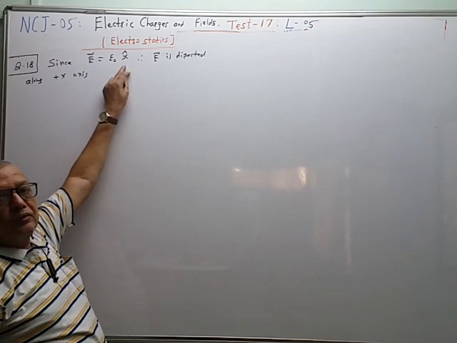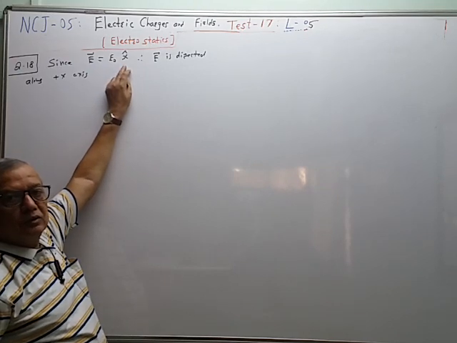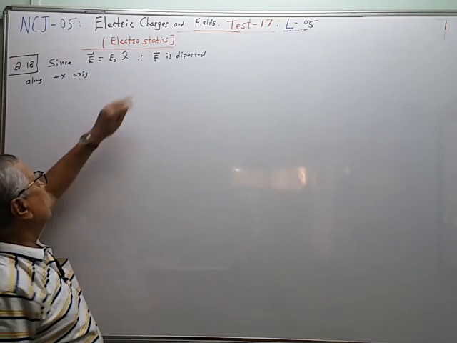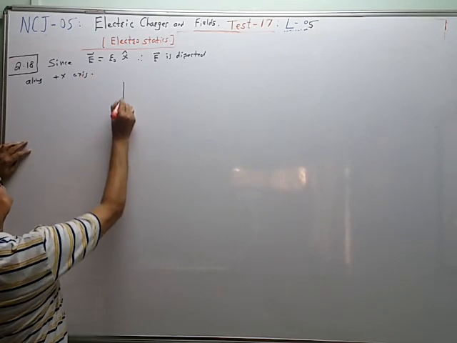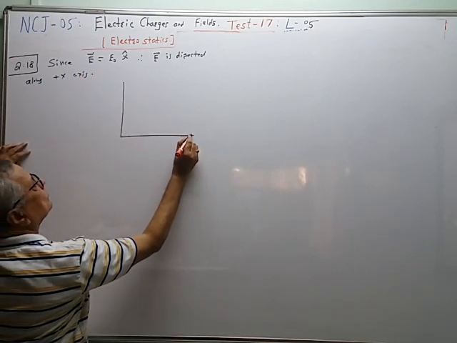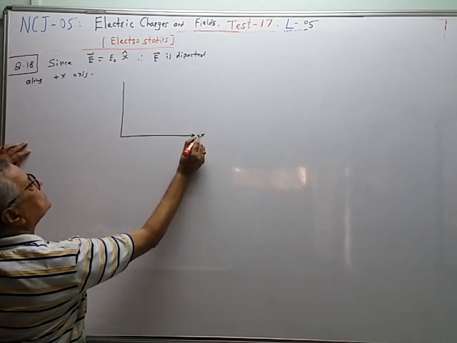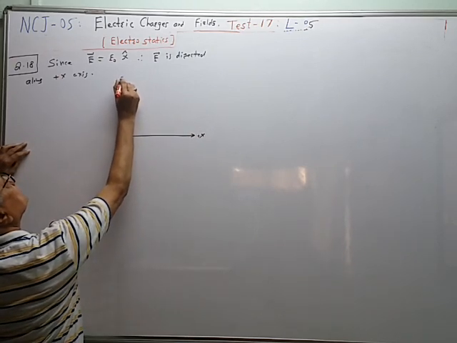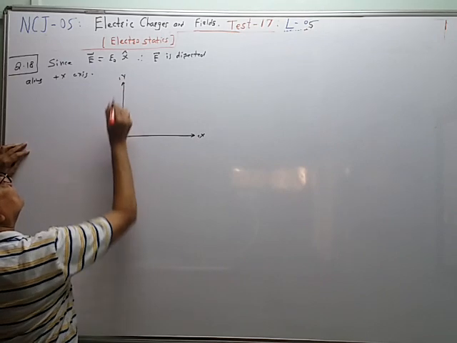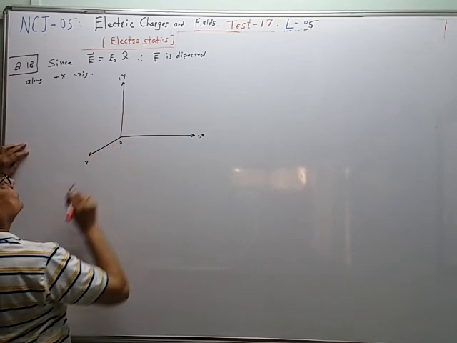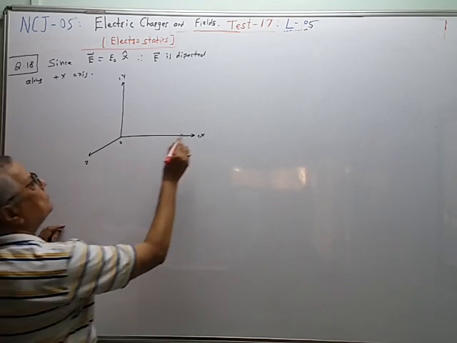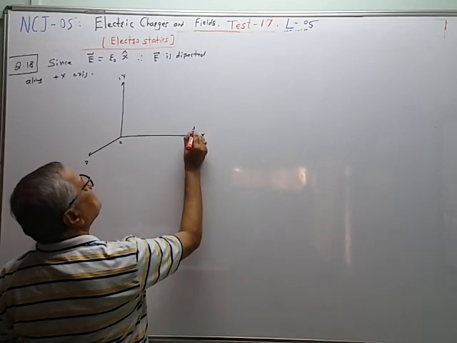They actually have unit vector i, E0 times i. So, if this is the x-axis, this is the y-axis, and this is the z-axis, like this. So, electric field is in this direction.